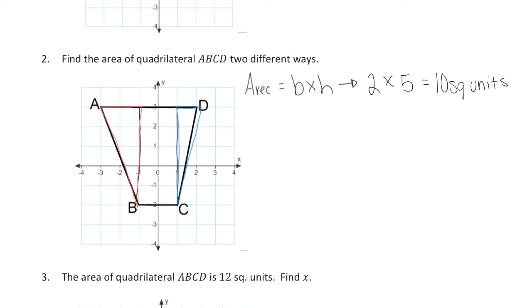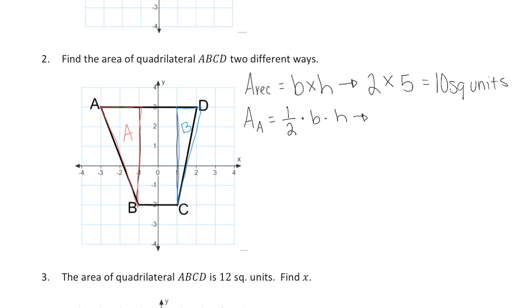Now let's find the area for both of our triangles. We can label our red triangle A and our blue triangle B. So here I'm going to have the area of A, which is our triangle, and again I'm going to use the same formula that we used up top, which was 1/2 times base times height.